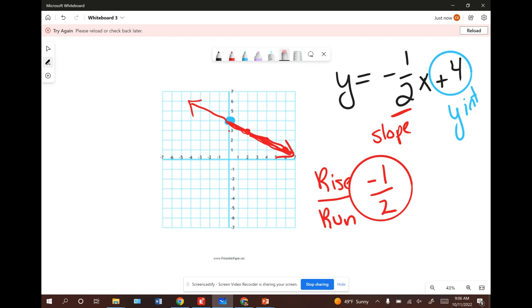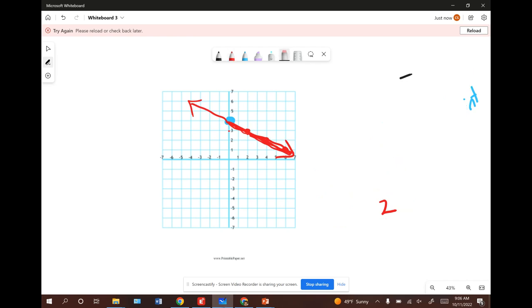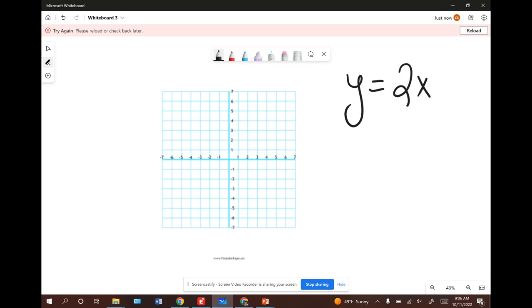Let's try another one. The next one looks a little different again. We're going to say y equals 2x. In this case, we're looking for the y-intercept, or the lonely guy. And if you look over here, there's nothing there. When there's nothing there, that's because the y-intercept is 0. So I'm going to plot that at the origin, or 0, 0.